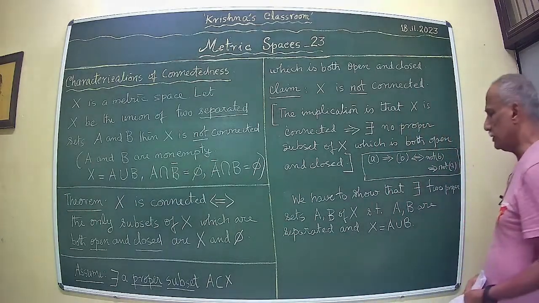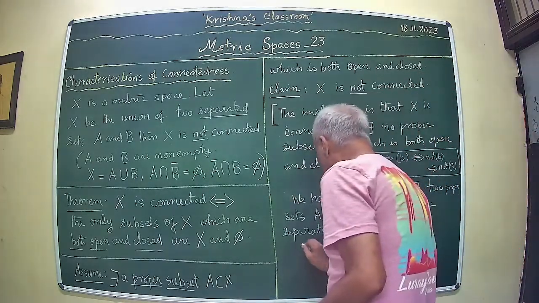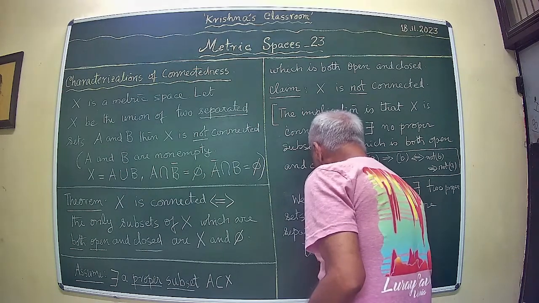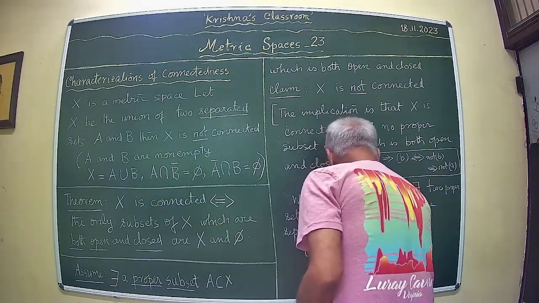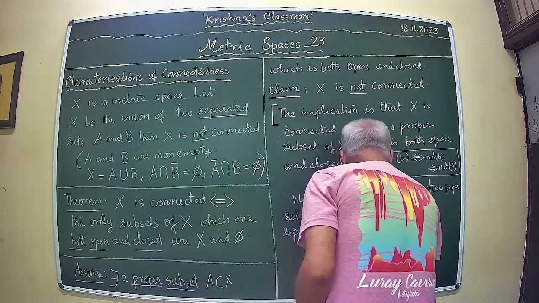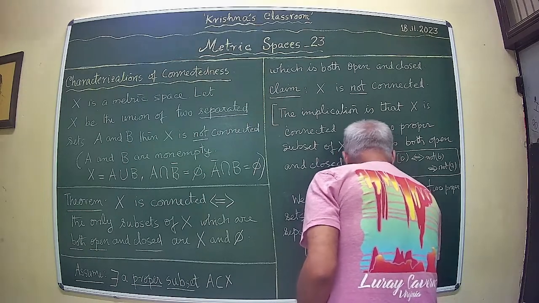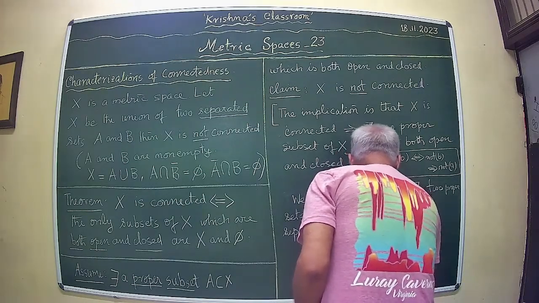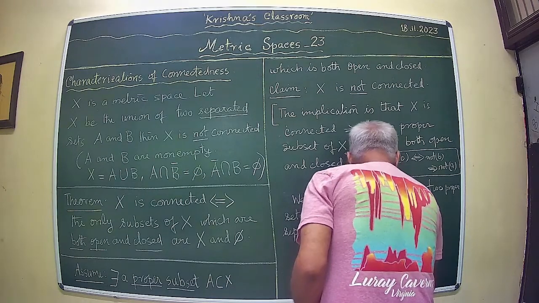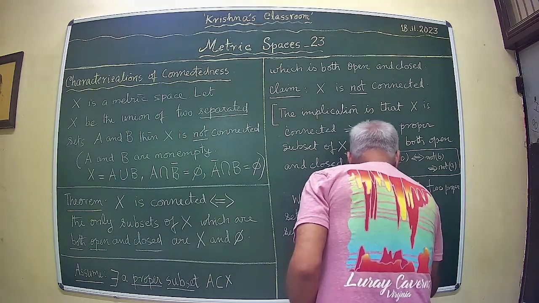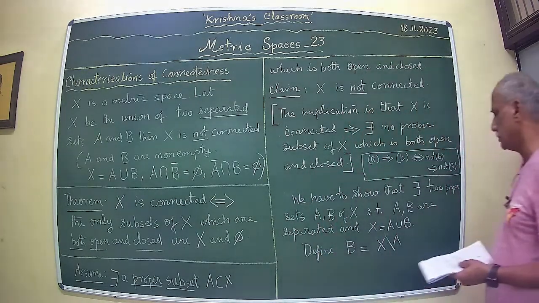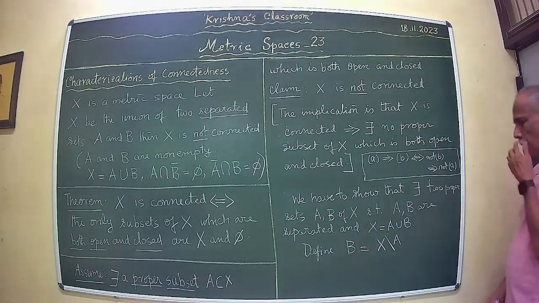So we start with, define B equal to A complement, or X minus A. That is A complement.